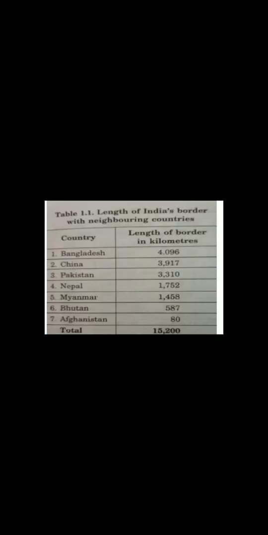If you look at the map, probably you may not really realize it, because Bangladesh is surrounded by India on almost all sides. And hence, if you look at this table, you understand that we have about 4,096 kilometers of boundary with Bangladesh. So India shares its longest boundary with Bangladesh.